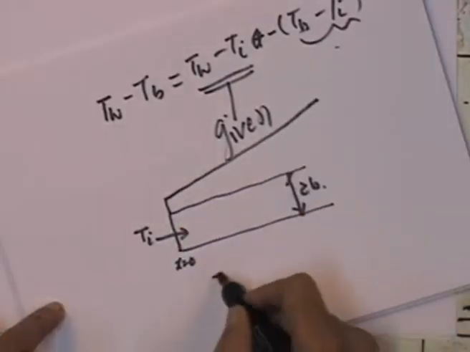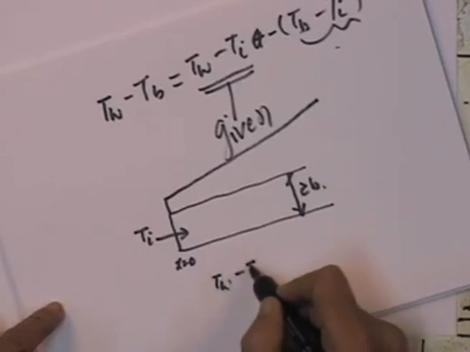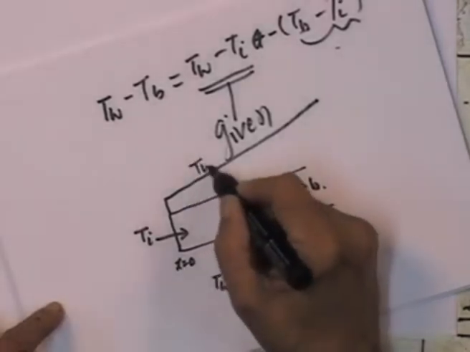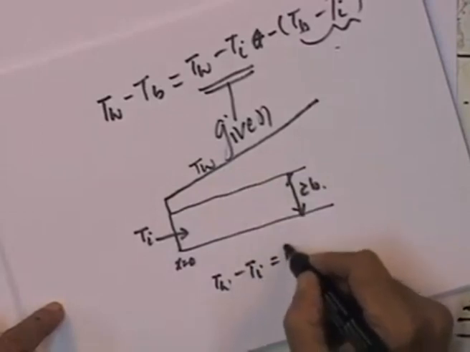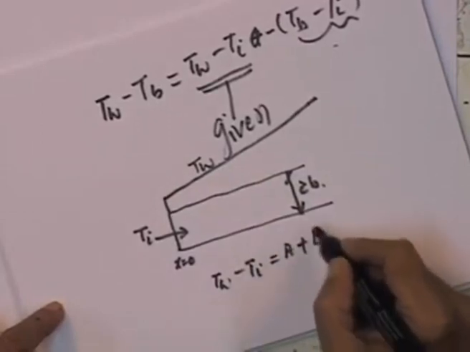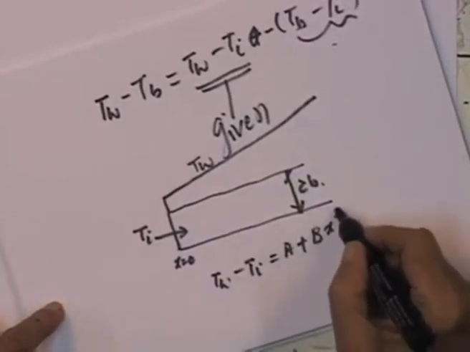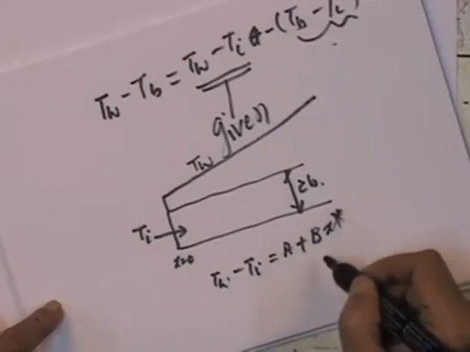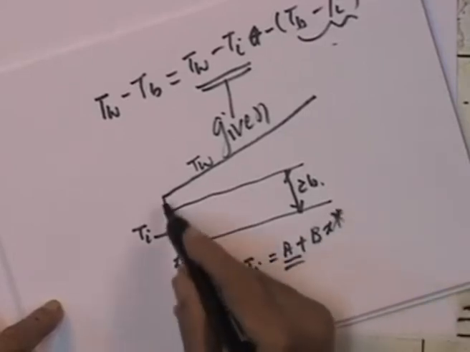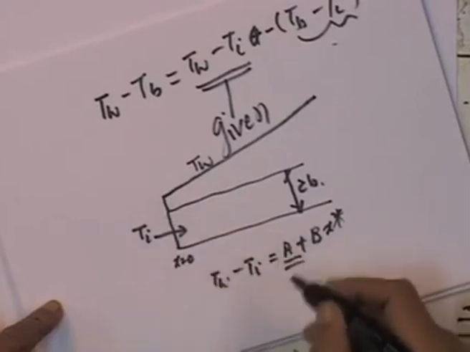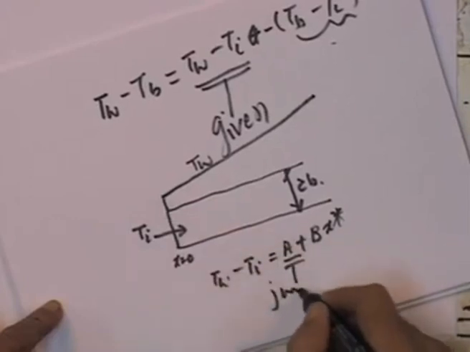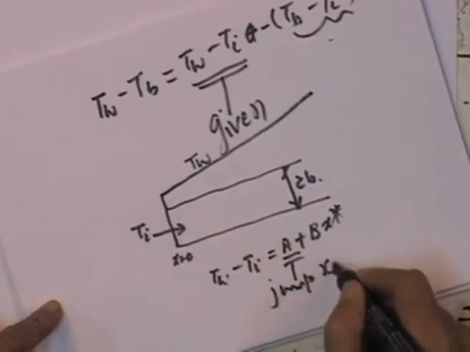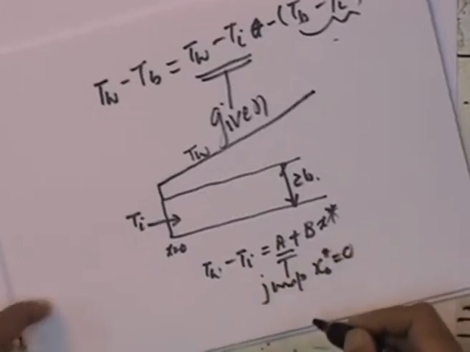So, therefore, T w minus T I equals A plus B x star, and A is the jump at x equal to x naught. This is the jump at x naught star equal to 0 in this case.